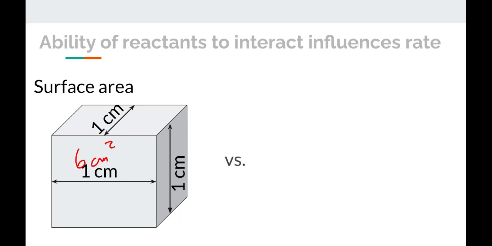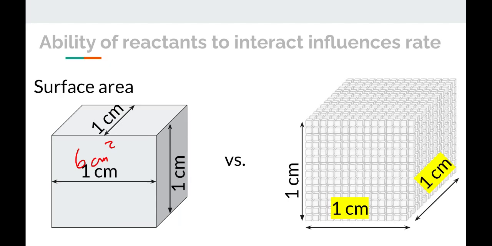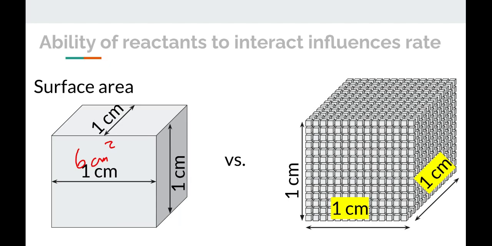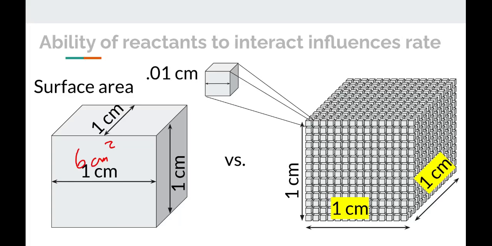But if we had the same volume of this substance and we divided it into pieces so that each one of these little tiny cubes was 1/100th of a centimeter on a side, well then the surface area of each face would be 0.01 centimeters squared, which is 0.0001 square centimeters.